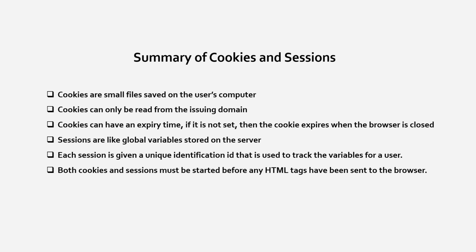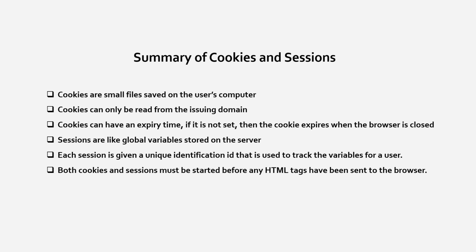Cookies are small files saved on the user's computer. Cookies can only be read from the issuing domain. Cookies can have an expiry time. If it is not set, then the cookie expires when the browser is closed.